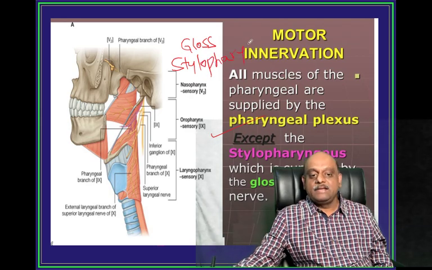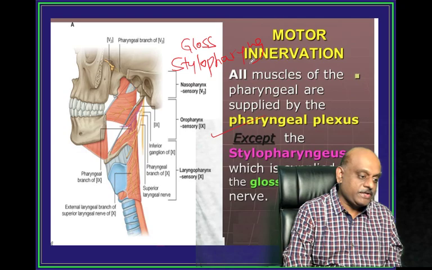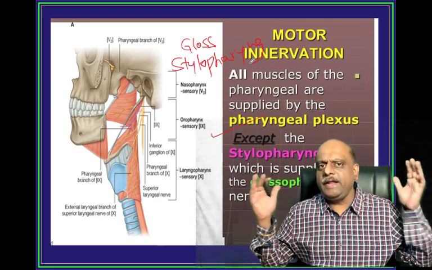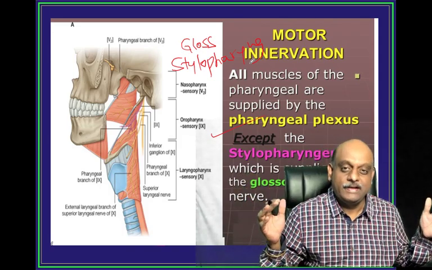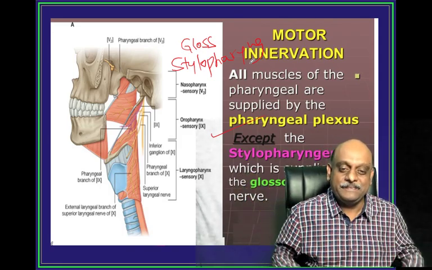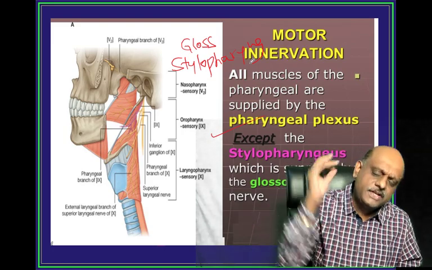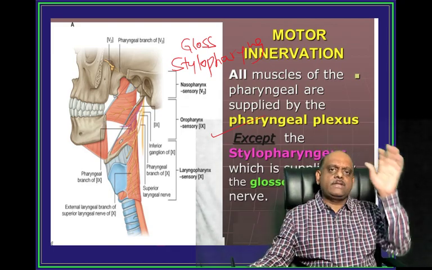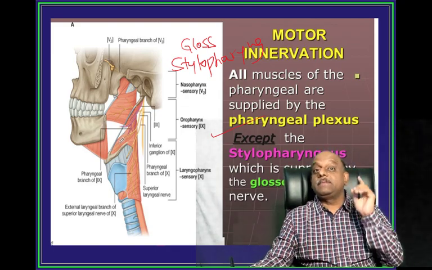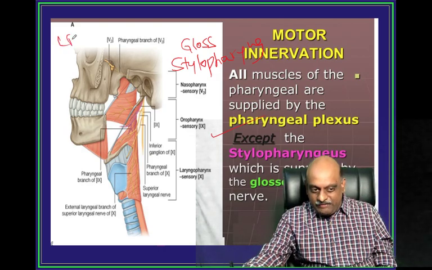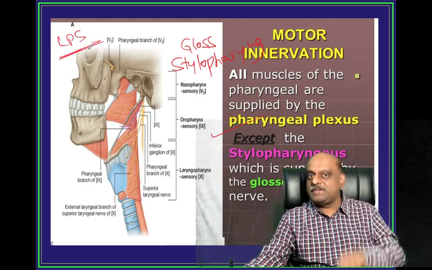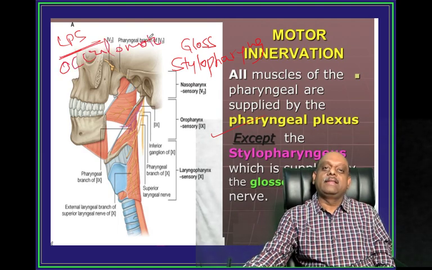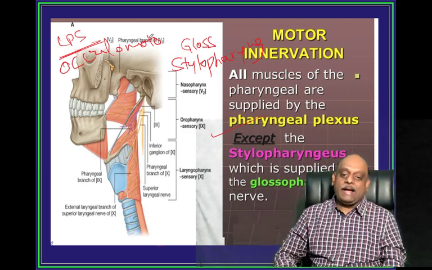Like a parrot, you should answer it in tomorrow's exam, doctor, because for the last 20 years I have been seeing postgraduate entrance exams, this is one of the most standard questions in the world. One more standard question: all muscles of the face are motor supplied by the facial nerve, except levator palpebrae superioris that elevates our eyelid. It is supplied by the oculomotor nerve, is what you have to basically remember, right?